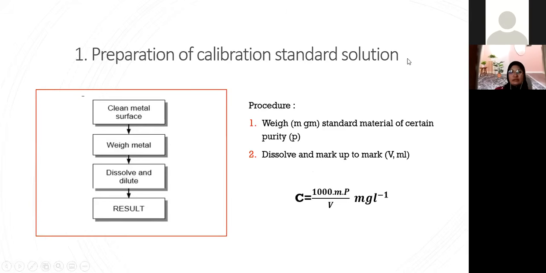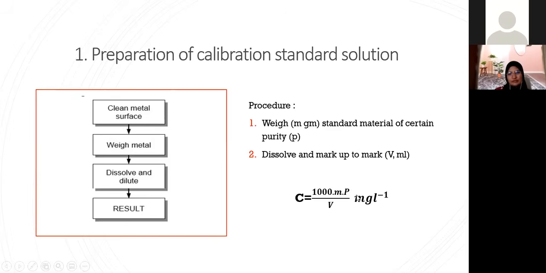Preparation of calibration standard solution. Okay, this is its process flow. Procedure: weigh standard material of certain purity. So we have purity, and we have weight. The factors are weight, purity, and volume.